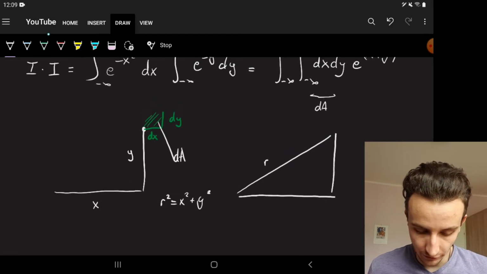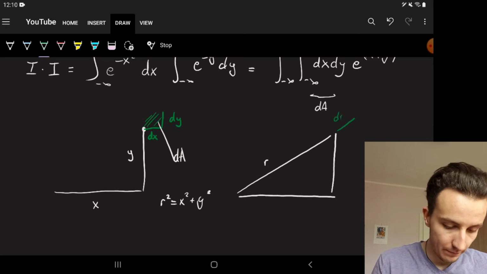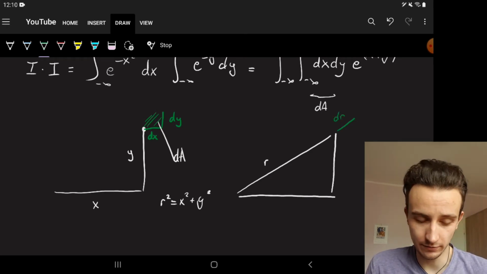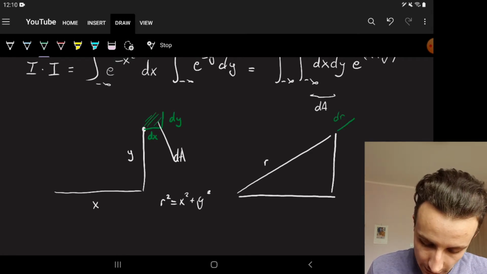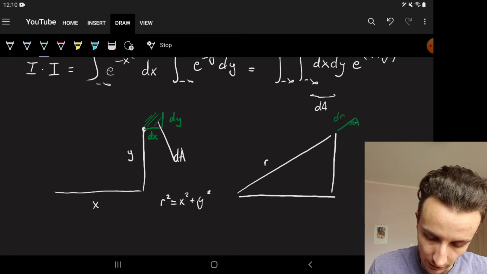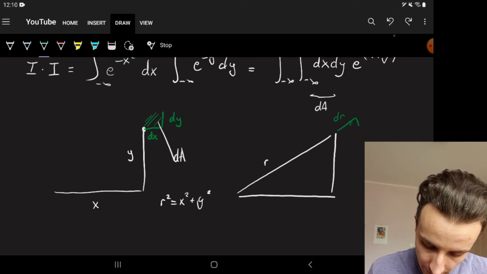And then if I wanted this kind of area element, this would be my dr. And now I wouldn't have exactly the same shape, but in infinitely small sizes, it really doesn't matter. So let's say that we go by some angle d theta. This is the angle. Well, actually I should draw it over here.